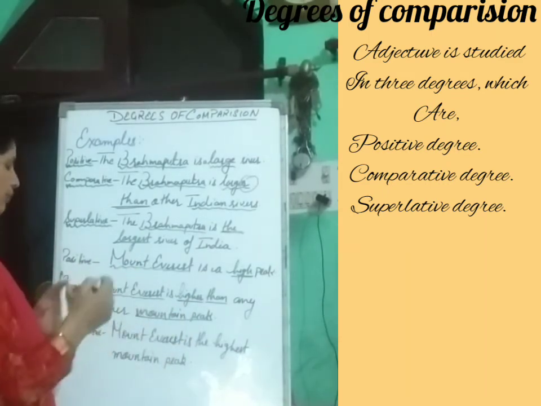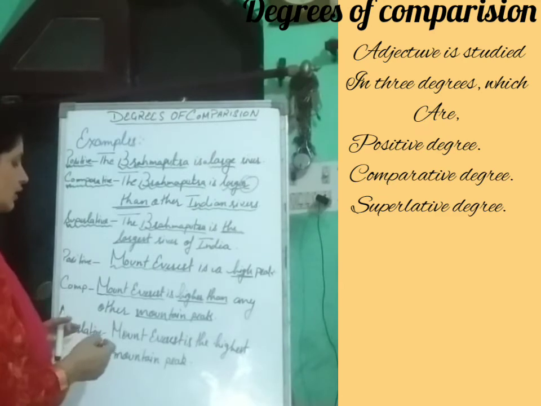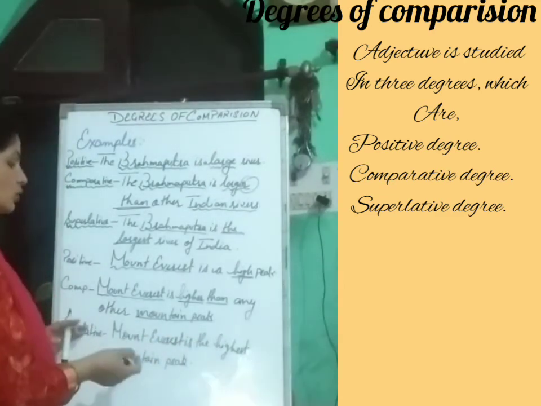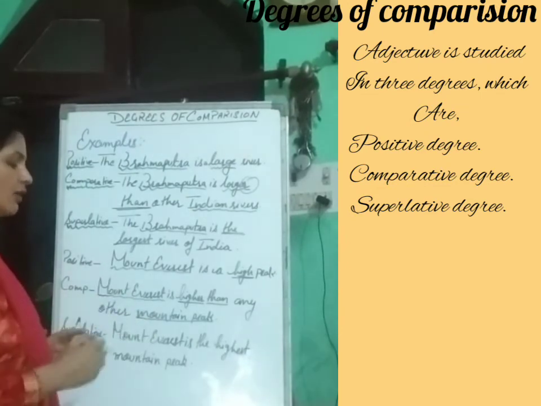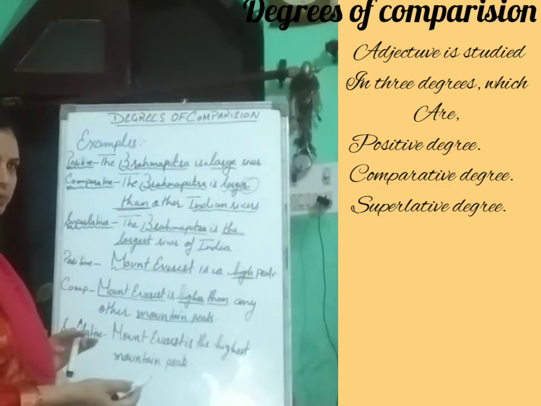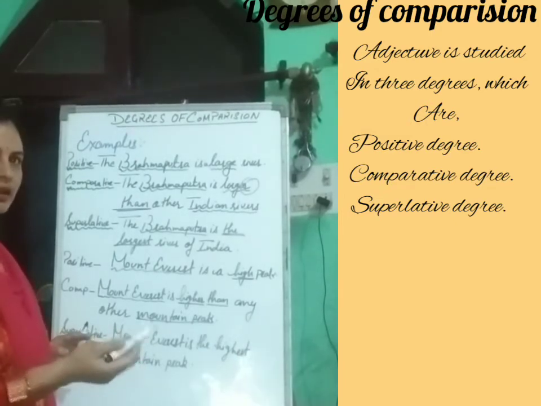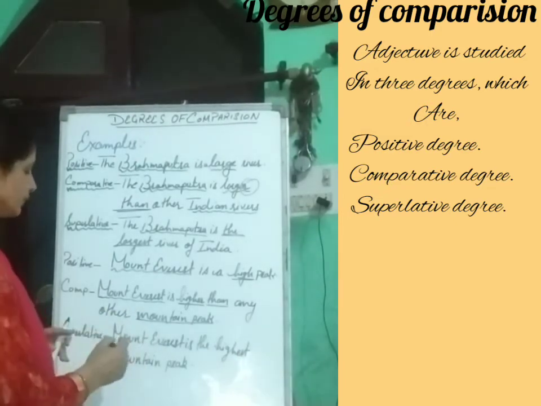Now after comparison we come to the superlative degree, that Mount Everest is the highest mountain peak. So here we found that Mount Everest is such a peak that it can't be compared with other peaks. So it is the superior one.